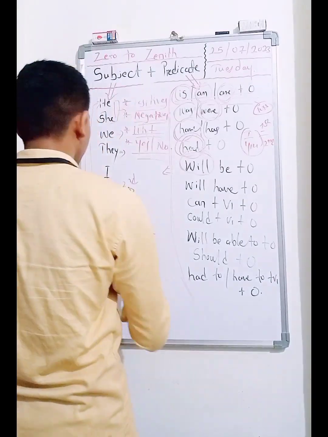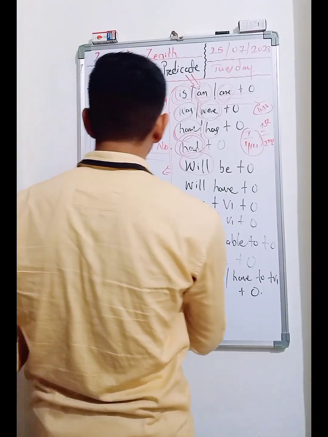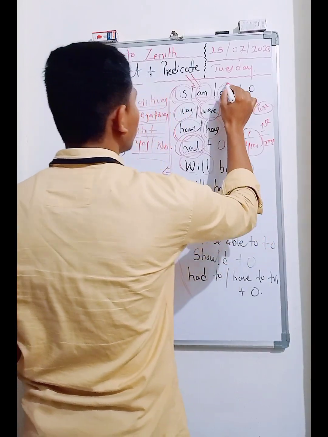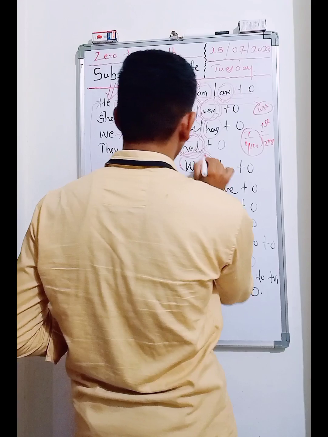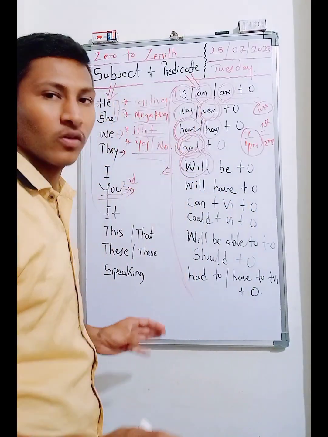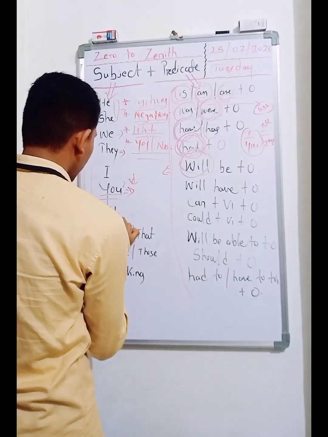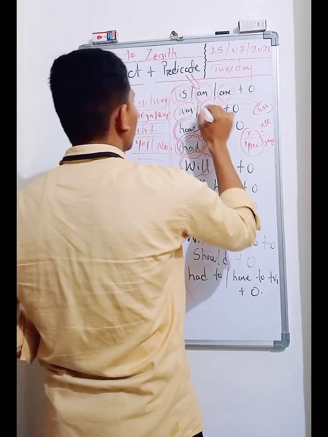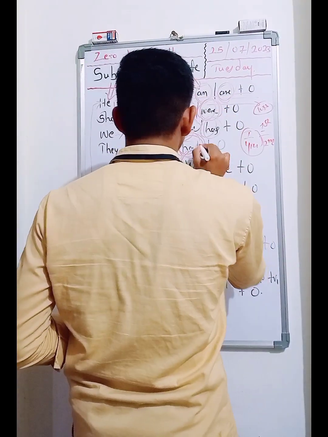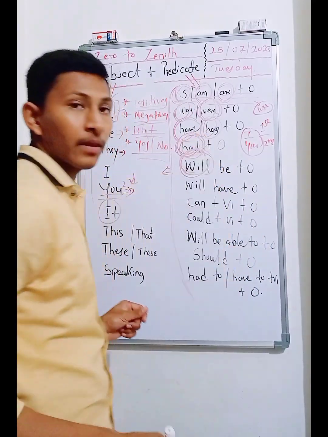I hope you are understanding. So now with you, you have to use ever, are, were, have, had, will. And now with it you have to use is, was, has, had, will.